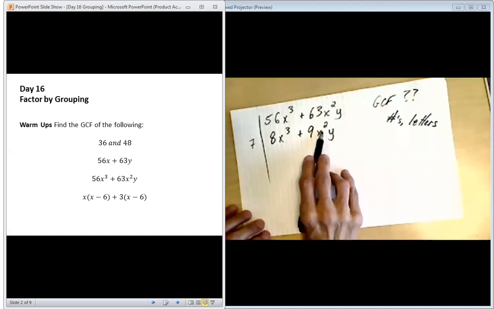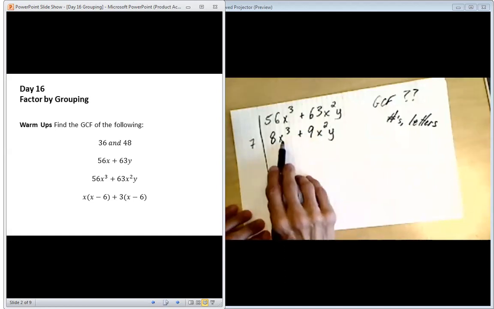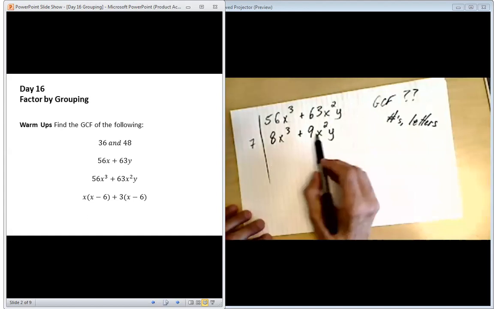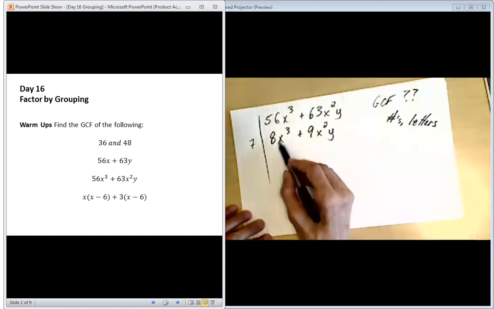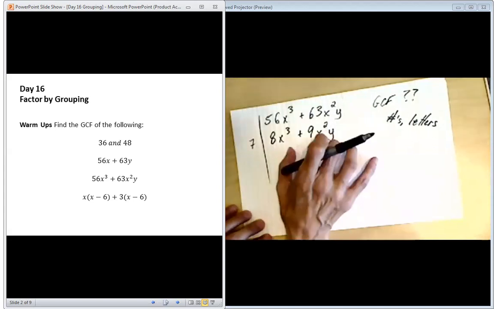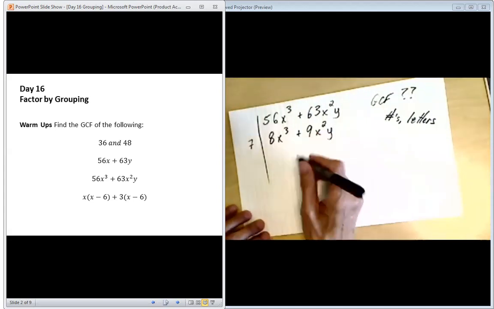How many can we take out of here? Well, 3 are available, right? Yeah, that's the second part of the question. So there's 2 available here, x squared, 3 available here, x cubed. How many can we take out of both? 2, x squared.